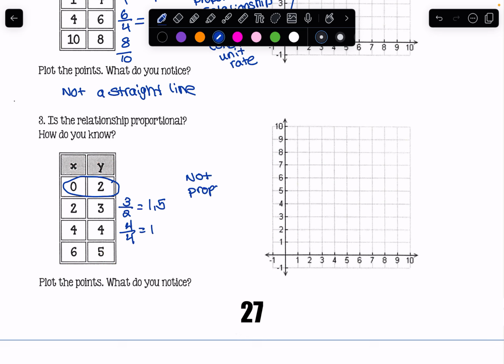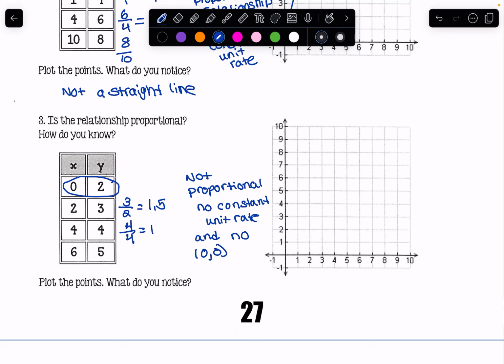And this is for 2 reasons. There's no constant unit rate. And we have to go through the point 0, 0 for a proportional relationship.